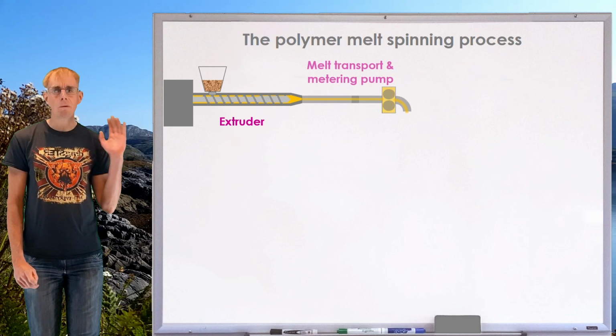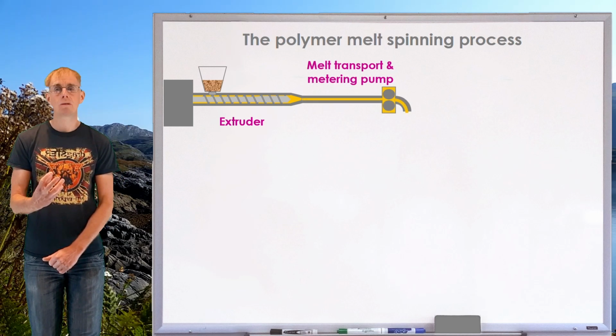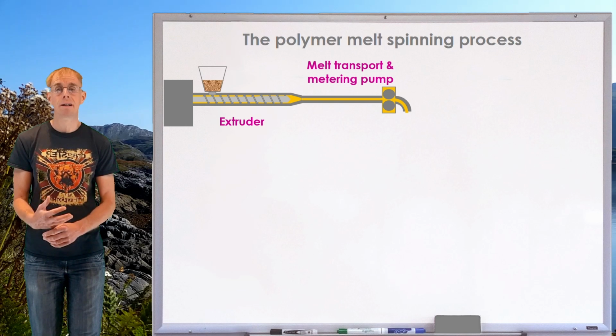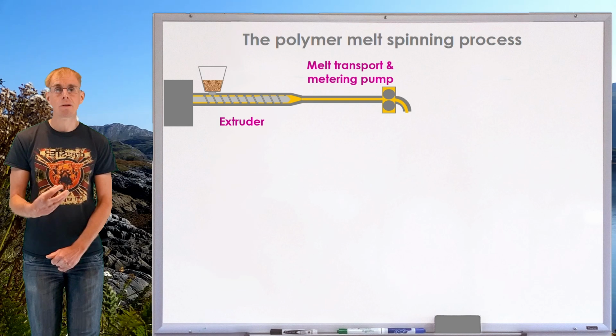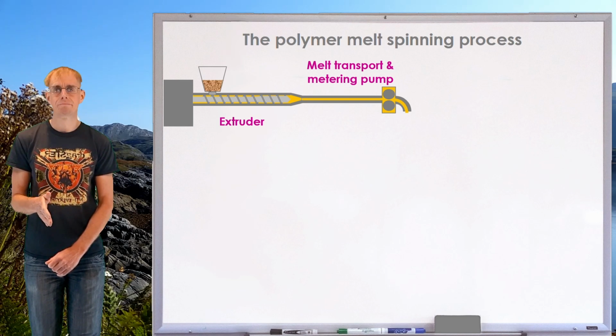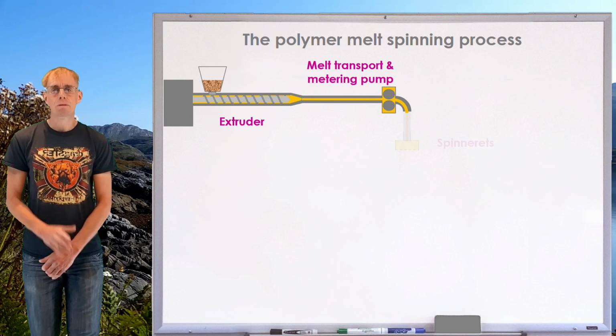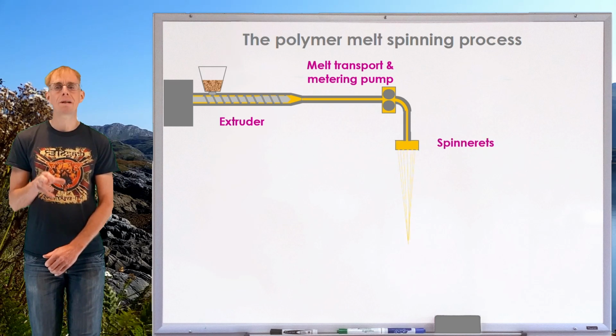And so the molten polymer is transported along a heated conveying line to typically a gear pump, and the function of this gear pump is to meter the polymer flow and to make sure you've got a precise volumetric flow rate. So this precisely metered polymer flow rate goes to a set of what are called spinnerets.